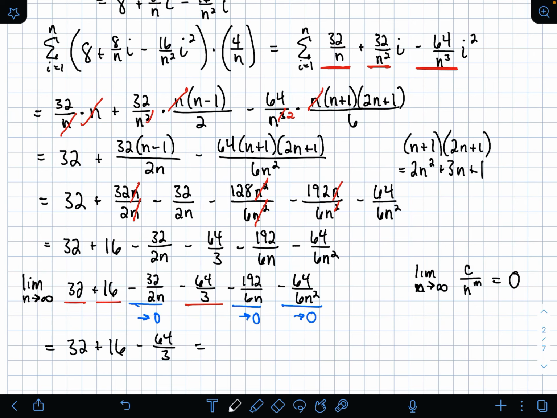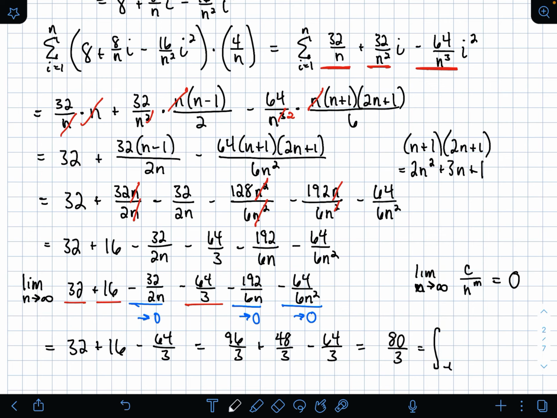So before combining, I'm just going to handle the common denominator right here. 96 over 3 plus 48 over 3 minus 64 over 3. And no problem, feel free to use a calculator. And we get 80 over 3.